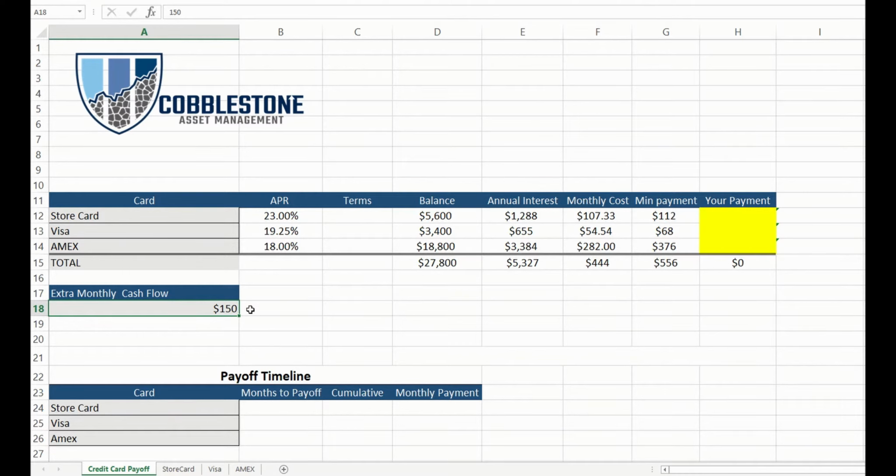We're going to show you where to put those dollars so that you can get these balances paid to zero as efficiently as possible. Just a brief comment on where these dollars could come from. It's going to be either on the revenue side or on the budgeting and expense side. So that might mean picking up some extra hours, picking up an extra shift, a side hustle or some type of gig that creates additional cash flow.